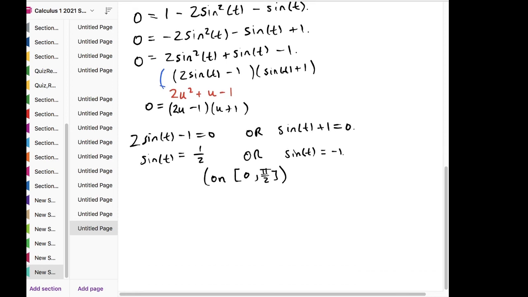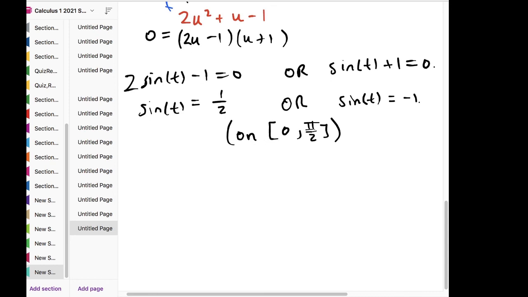When is sine equal to 1/2 on 0 to pi over 2? So remember, 1/2 is the smaller of the three common numbers.